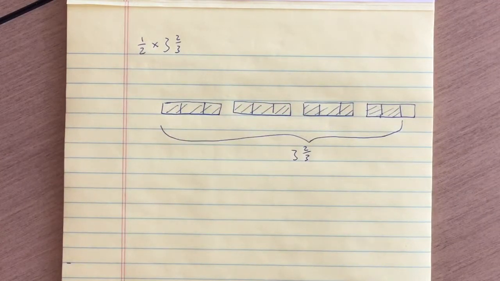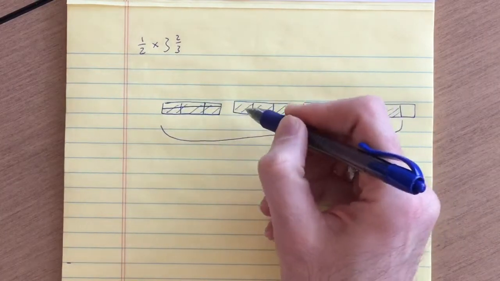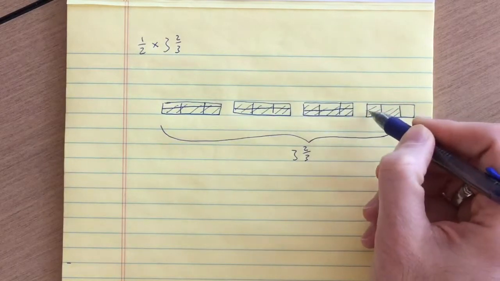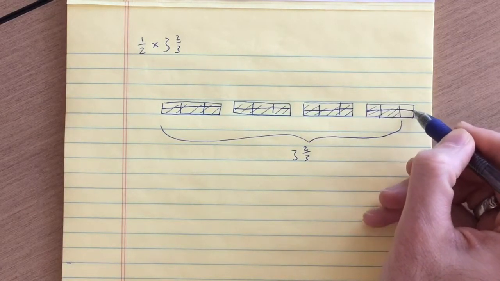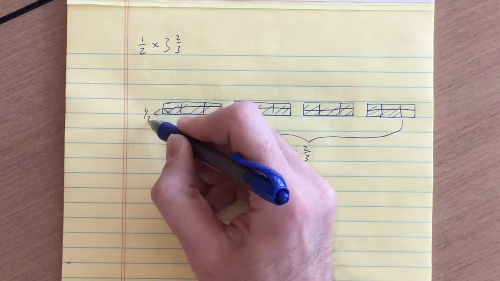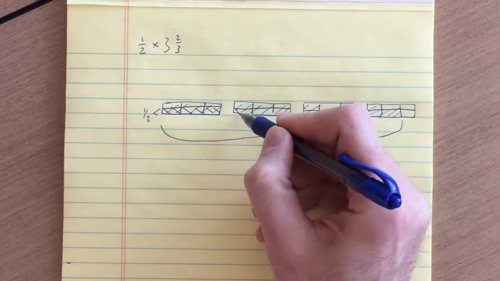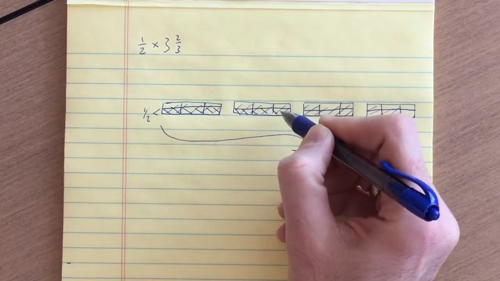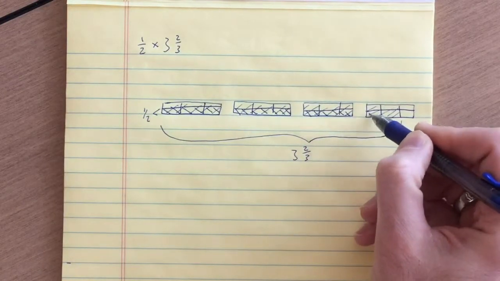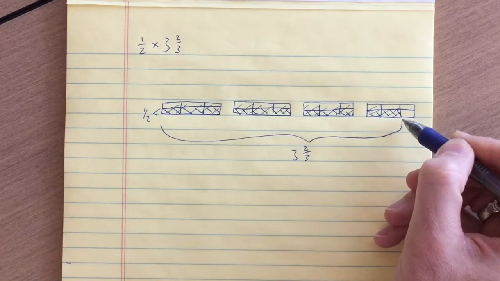So if I want half of that, I'm going to partition it all in half. And I'm going to shade in where the 1/2 and the 3 and 2/3 overlap. And that's going to stop right here at 3 and 2/3.